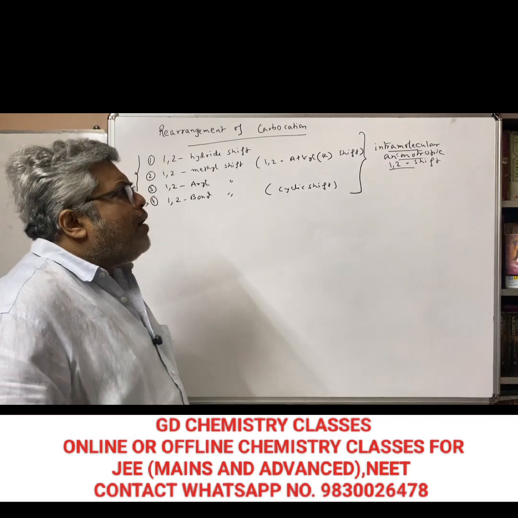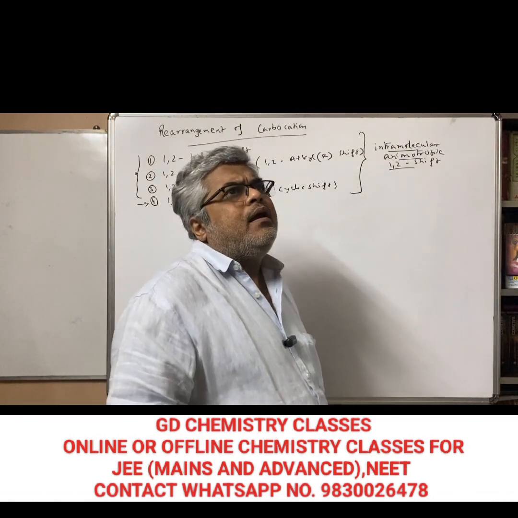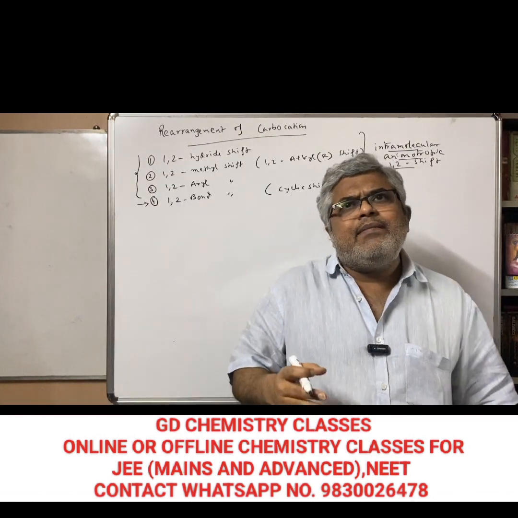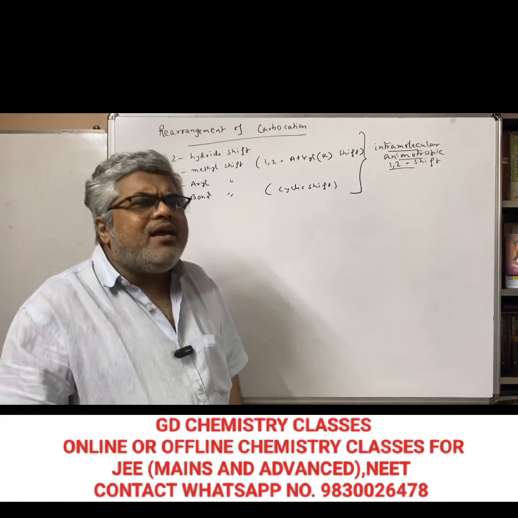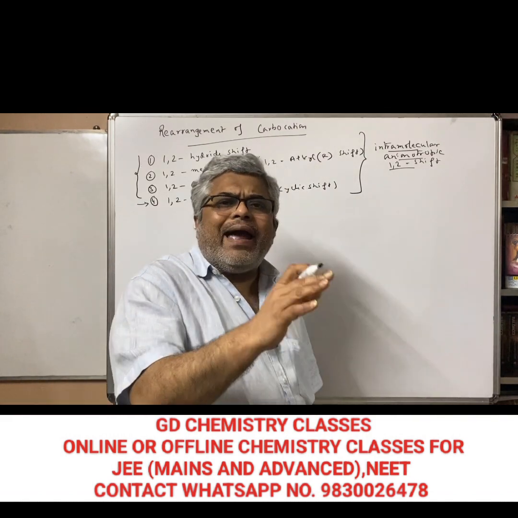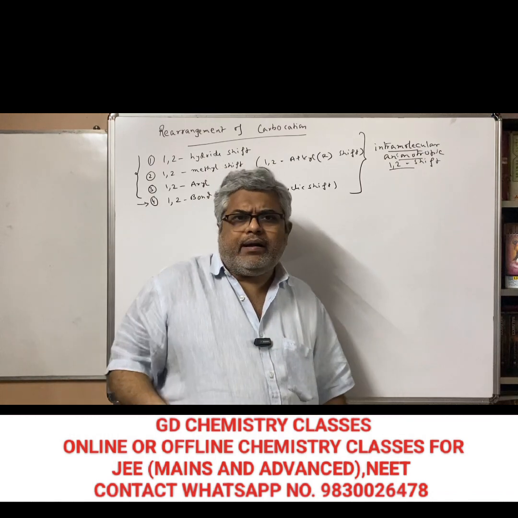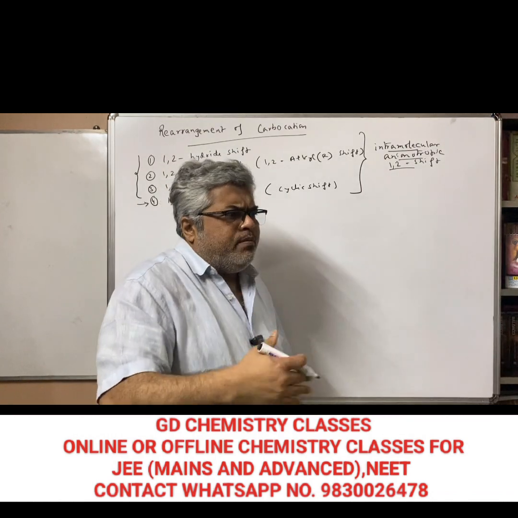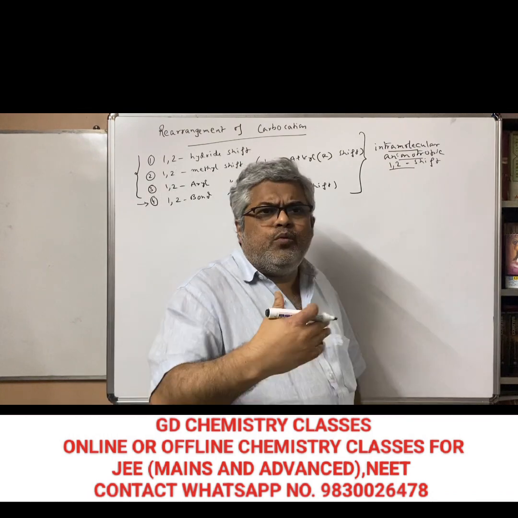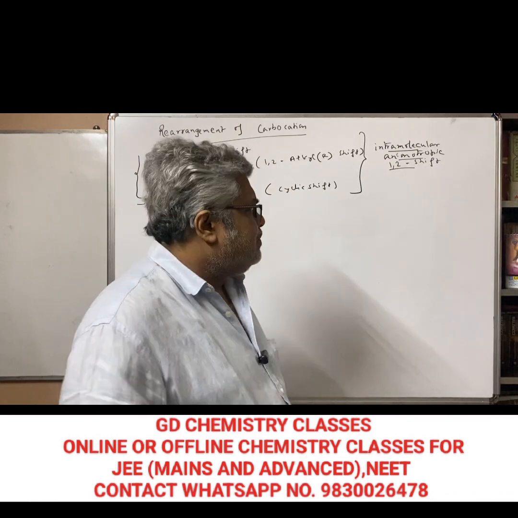Now another important thing is that in some cases there may be 2 consecutive shifts or even 3 consecutive shifts to get the most stable carbocation. Here you have to keep one thing in mind, which will become more and more clear to you when you do more and more practice.